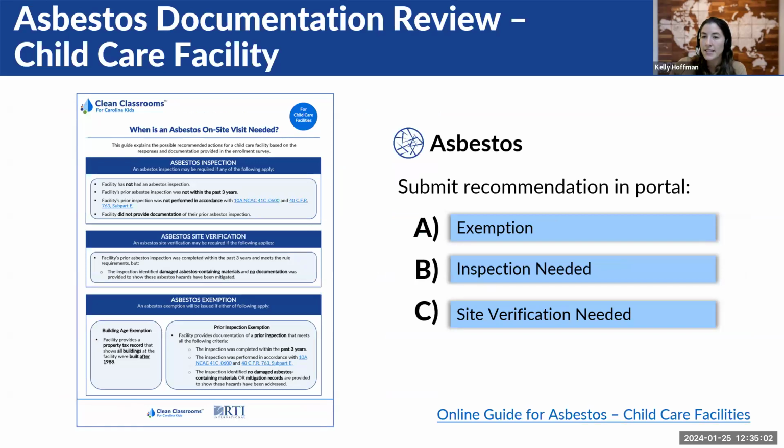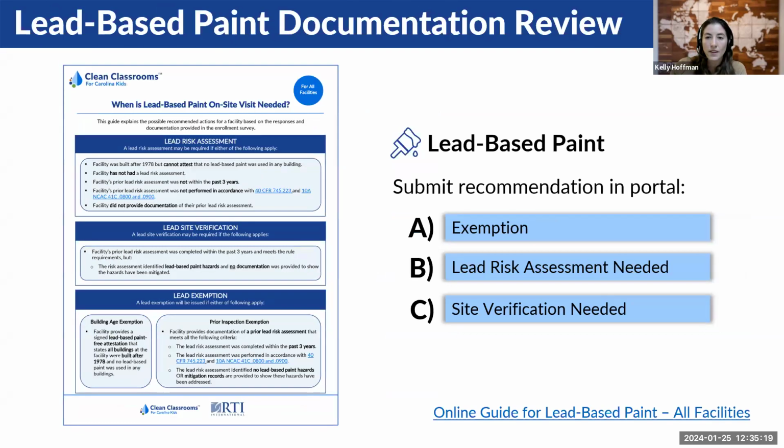For childcare facilities, the potential next steps include an exemption, inspection, or site verification. These are slightly different requirements for childcare facilities compared to schools, so they do have their own set of guidelines. And for a lead-based paint documentation review, the recommendation options include an exemption, lead risk assessment, or site verification for all facilities.